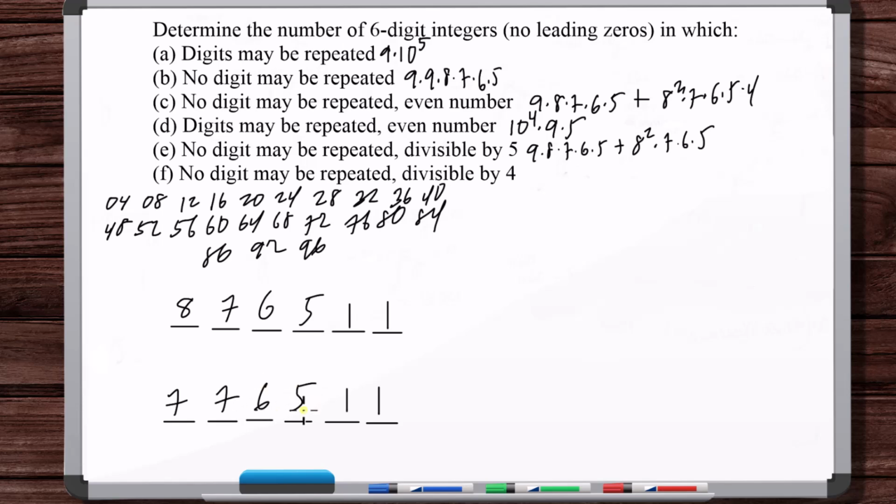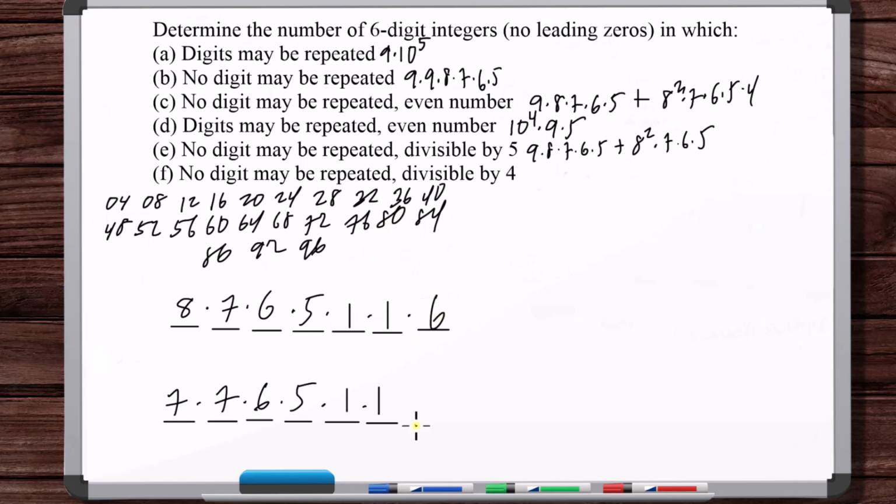Okay. Now, if we multiply these out, for all cases where we have a 0 and then another non-zero number, it's going to be the same count, right? So how many cases of when we have a 0 in the last 2 digits do we have here? 1, 2, 3, 4, 5, 6, and that's it.